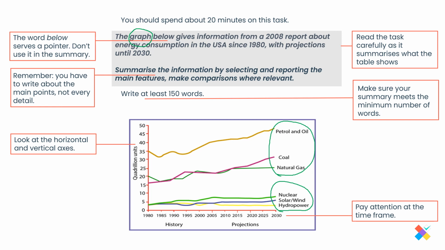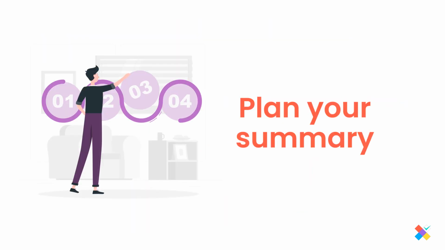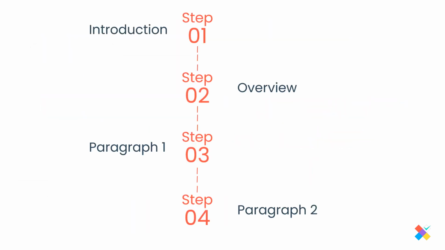Okay, now that you have spent some time analyzing the task, let's cut to the chase. So again, when you're planning your summary, remember to have a very clear introduction, when you should include all the information from the 2 axes and the name of the categories, and also paraphrase the question.